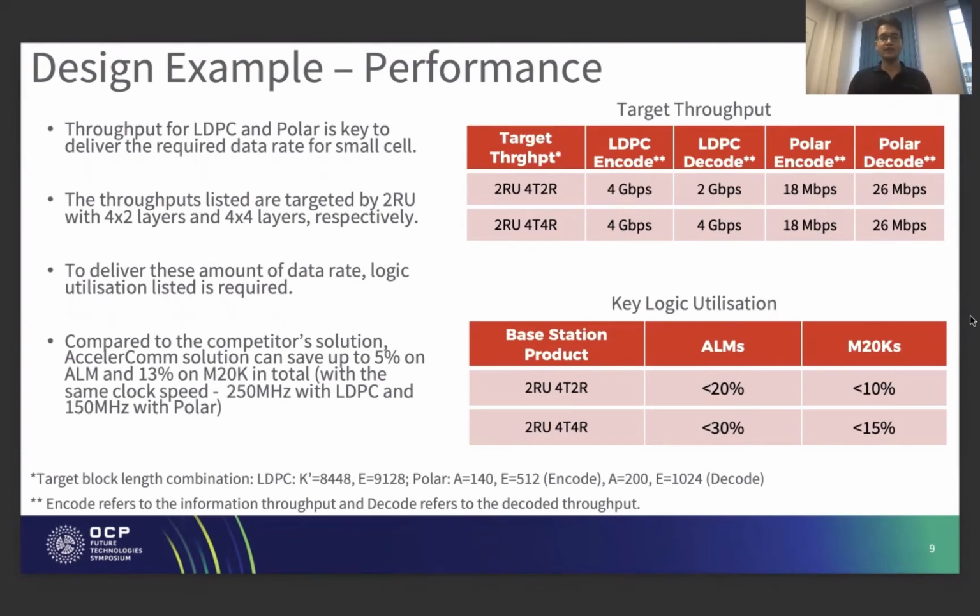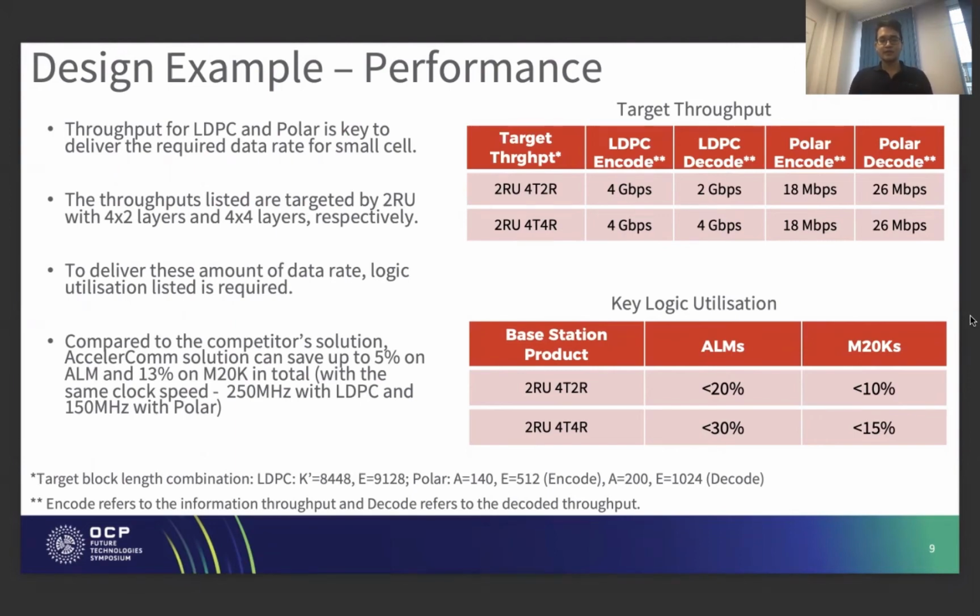And to deliver all these data rates, logic utilization on this particular FPGA is also listed here on the bottom corner. More specifically, for 2RU 4x2R, we only need less than 20% of ALMs and less than 10% M20Ks for this first base station product.